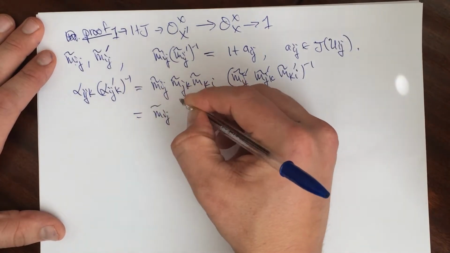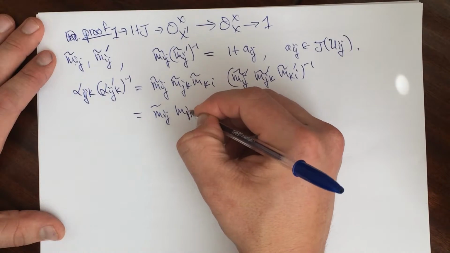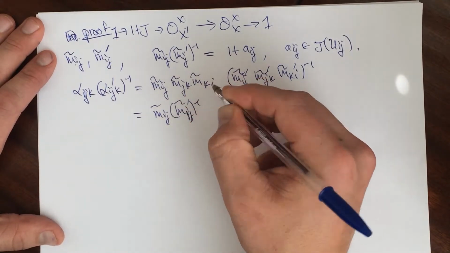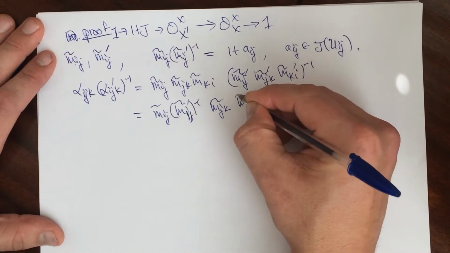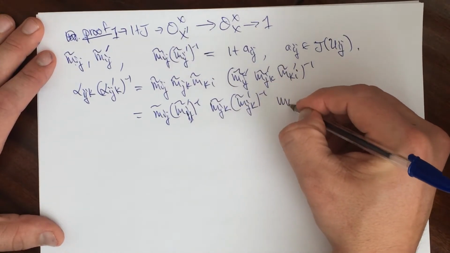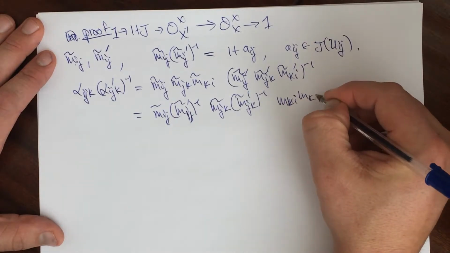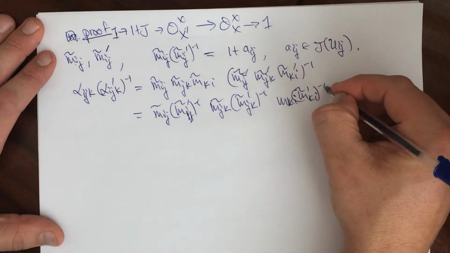So we have the Mij parts, and then Mij tilde prime inverse, and then we have Mjk tilde, Mjk tilde prime inverse, Mki tilde prime inverse here.